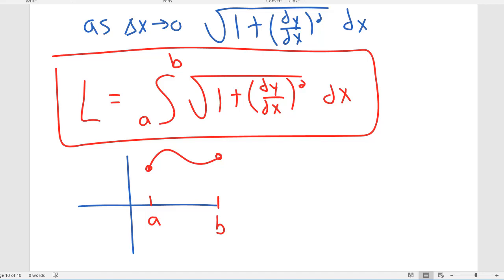We estimated tangent lines by using a secant line, and we let delta x go to 0. And that's what created the derivative, the dy dx, the rate of change, which is a derivative. So we've been using limits throughout this entire course, Calc 1 and Calc 2. Beautiful tool to allow us to take an approximation to an exact measurement. So let's take a look at an example where we apply this.